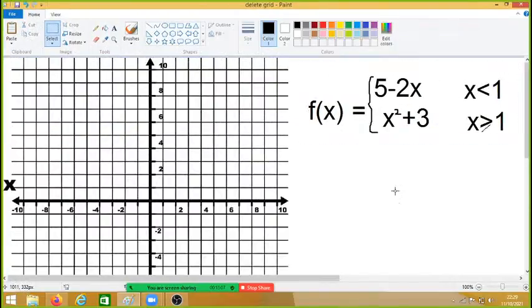We take it one function at a time. So this function here, 5 take away 2x, don't worry about the less than 1 for now. Just think the y-intercept is 5 and the gradient's minus 2. So it's going down. So that means it's going to be going from 5 with the gradient of minus 2, something like that.